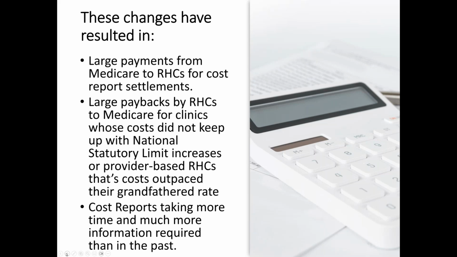So that's why it's important to do interim cost reports during the year, to see where you stand. The interim cost reports are great, because if you see that your cost per visit has gone up and you're still below the payment that Medicare has set your interim rate at and still below the national statutory limit, you could send in an interim cost report to your MAC, to Palmetto, to Novitas, and say, hey, our cost per visit's now running $139 a visit, and you're only paying us $128.